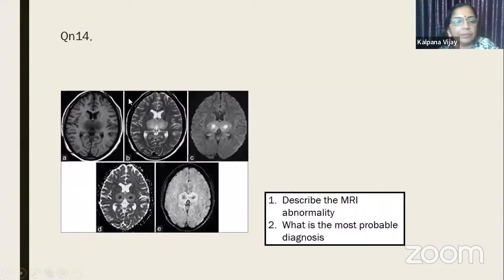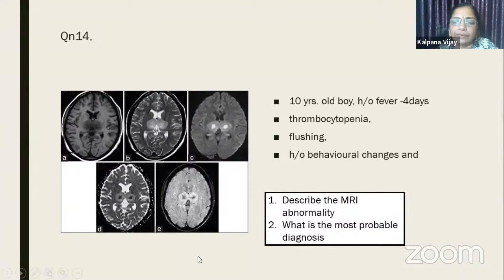That is also possible, but often the basal ganglia are also involved. So you can write this as the double donut sign of dengue encephalitis, H1N1, post-COVID encephalitis, and acute necrotizing encephalopathy of childhood, that is ANE. If the question comes like thrombocytopenia, flushing, and behavioral changes, then you can directly write it as dengue encephalitis.